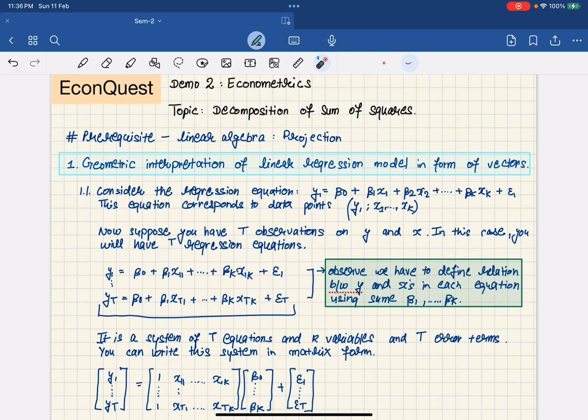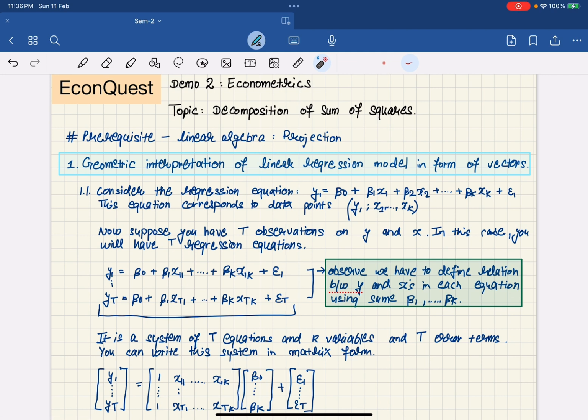Now suppose you have t observations on both y and x. In that case, you will have t regression equations, right? One equation corresponds to y1, second equation corresponds to y2 till yt. So in this system you will have t equations, and these parameters b naught, b1 till bk, you will have k plus 1 parameters, right?